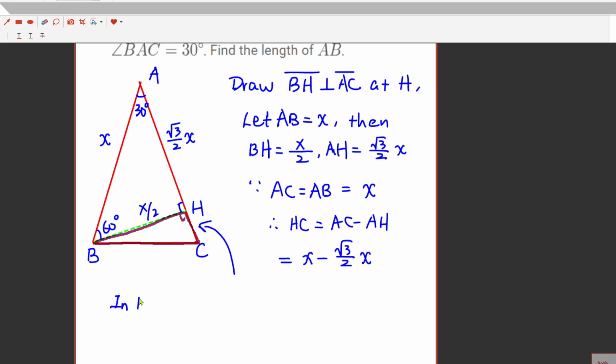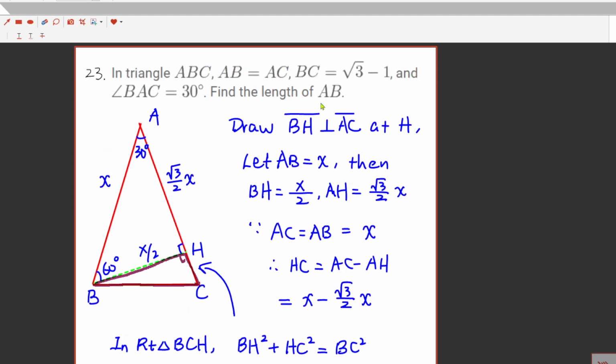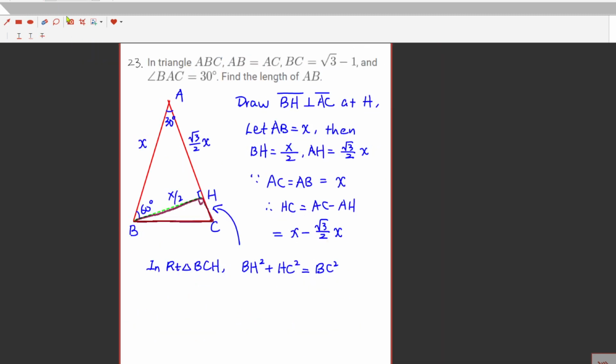So we could say in right triangle BCH, according to the Pythagorean theorem, we have BH squared plus HC squared equals BC squared, right? Because we know the length of BC, so probably we can establish the equation in terms of x.